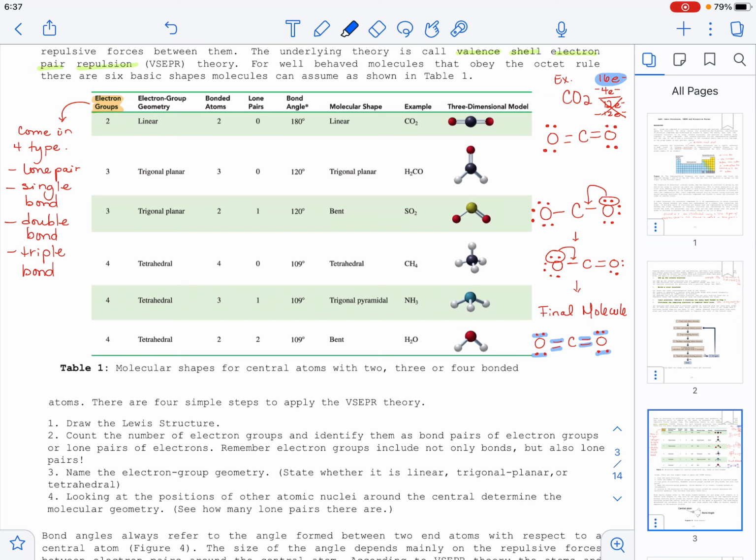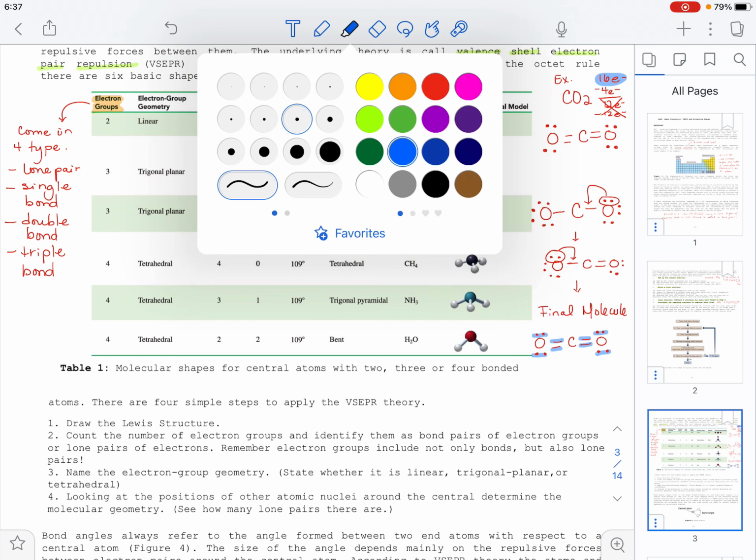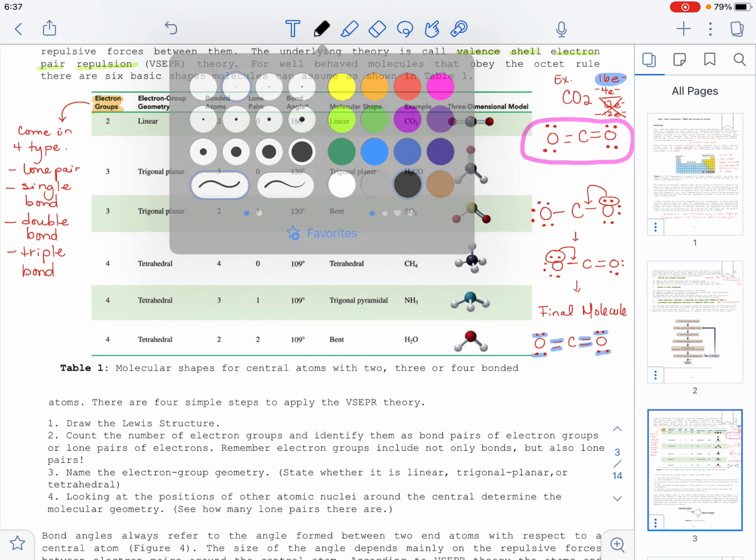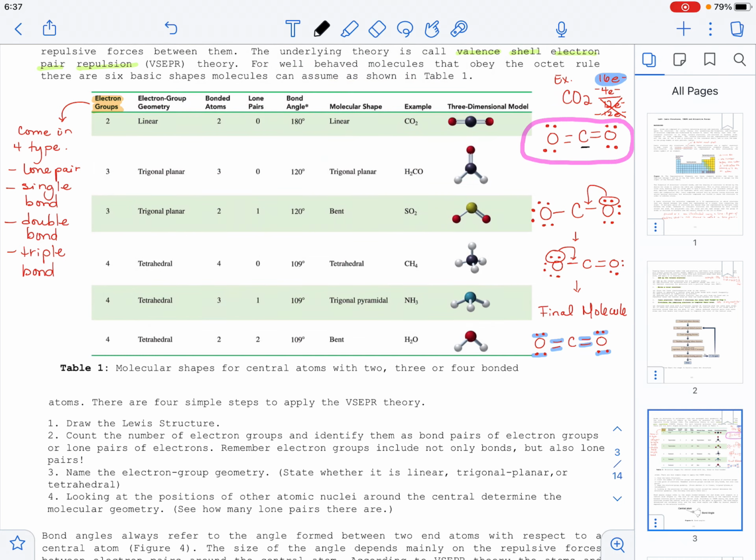Now, going back to the task at hand, I'm just going to box it here in pink: this is the structure for my CO2 molecule. When I'm doing VSEPR rules, what I need to take into account is how many electron groups are going to be around the central atom. For this molecule, my central atom is carbon.